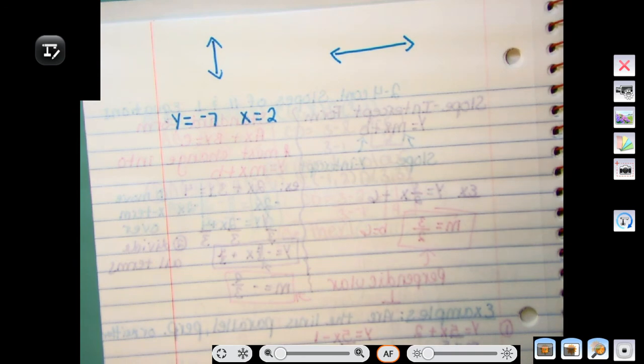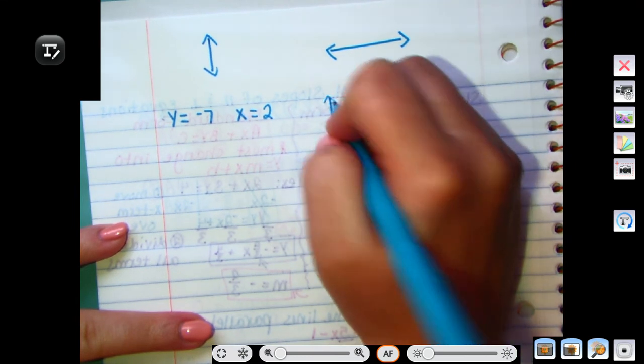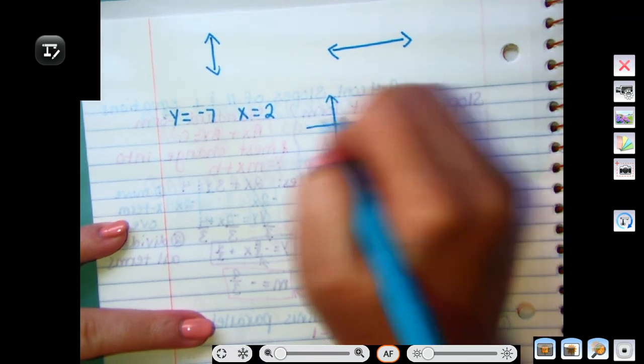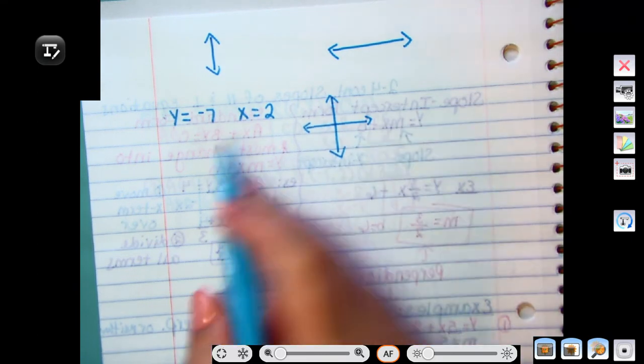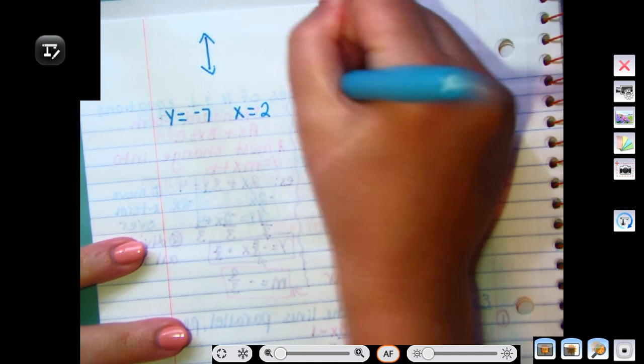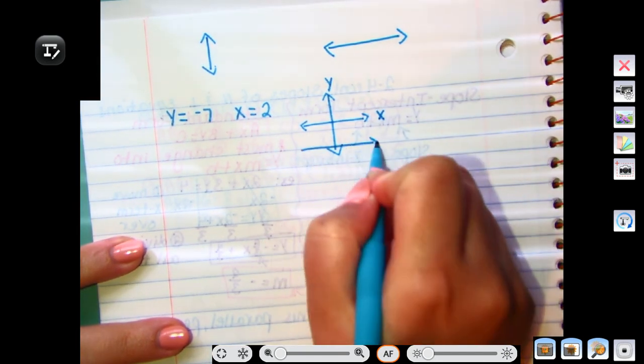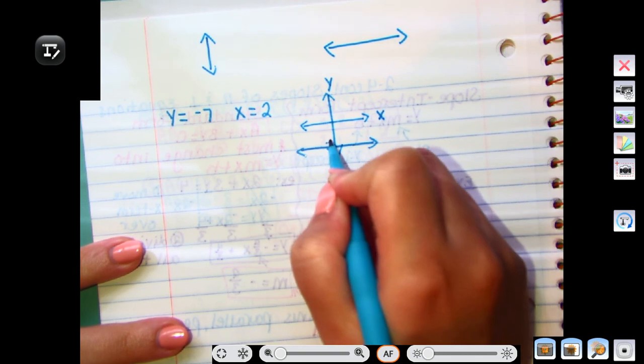Okay, this is different. I don't see a slope. It's not in y equals mx plus b. It just looks different. So what these are, vertical and horizontal lines. So on a graph, these look like, and you may remember this or you may have forgotten, but if I were to graph y equals negative 7, it would be going through my y-axis at negative 7, and it would be a horizontal line at negative 7.